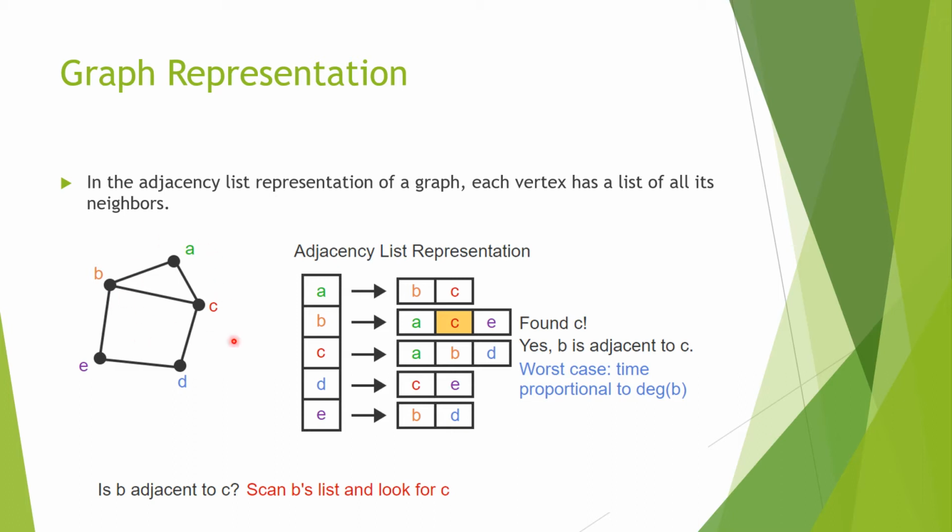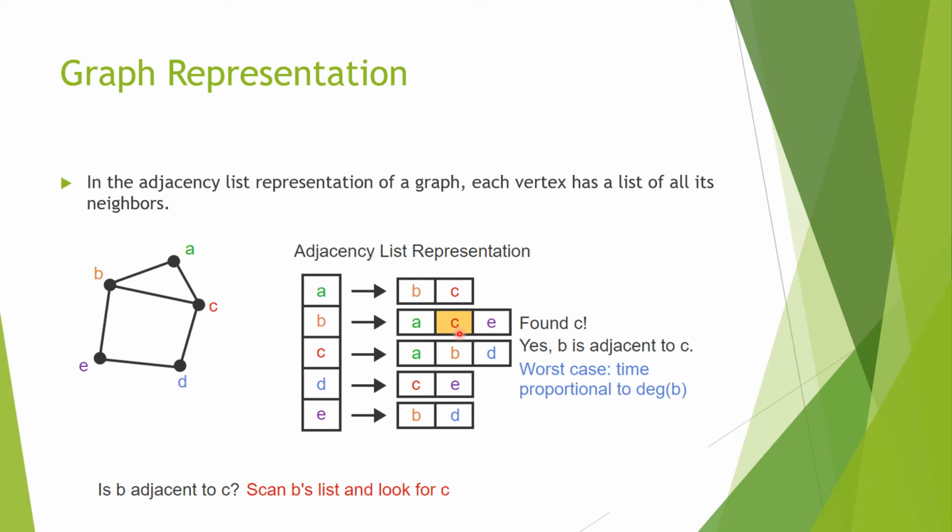For example, in this graph, which has 5 vertices, A keeps a list of its neighbors B and C. B keeps a list of its neighbors A, C, and E. C keeps a list of its neighbors A, B, and D. D keeps a list of its neighbors C and E. And E keeps a list of its neighbors B and D. So if you want to find out whether B and C are neighbors, you can traverse the adjacency list of B and see whether you can see the letter C in it.